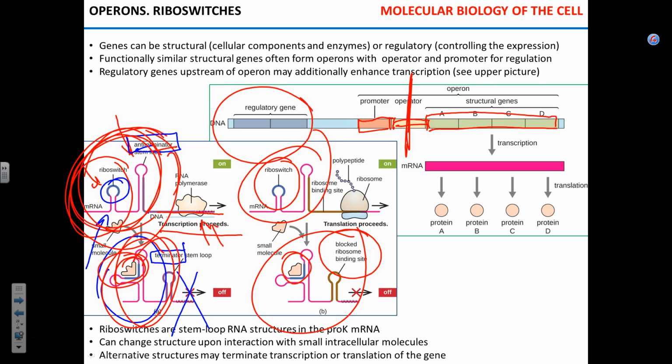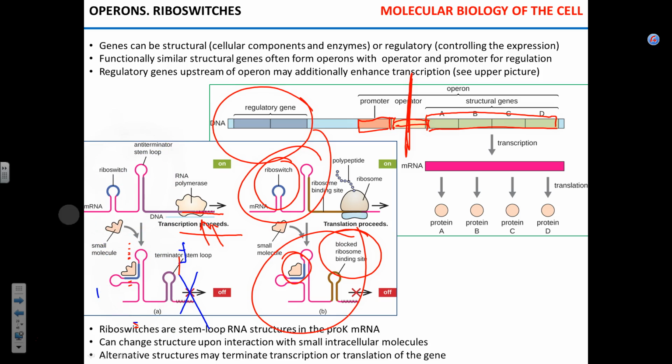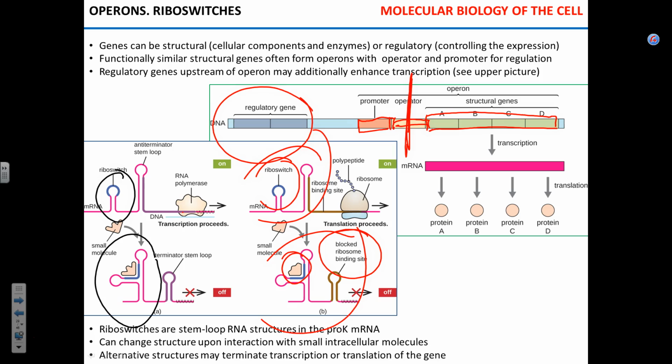RNA, its unique feature is that it can form many of those stem loops. Okay? And through the interaction with ions, organic molecules, inorganic molecules, those stem loops can alter their shape. Instead of this, you're going to get this. Does it make sense?